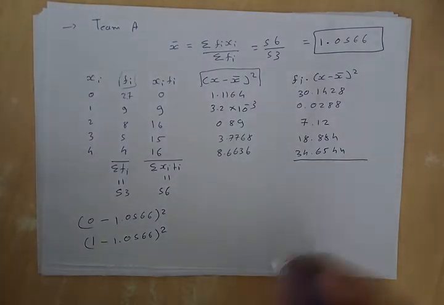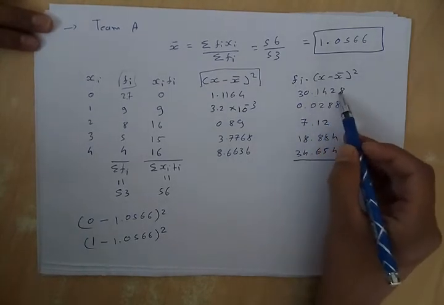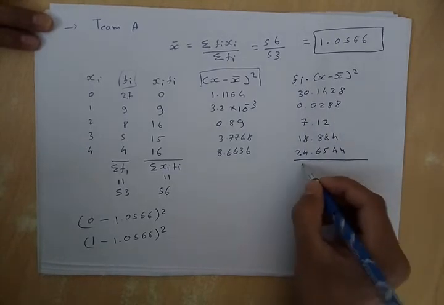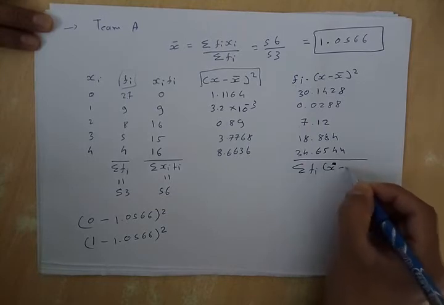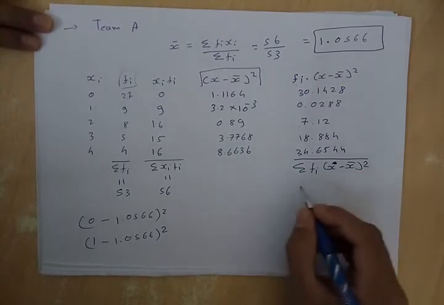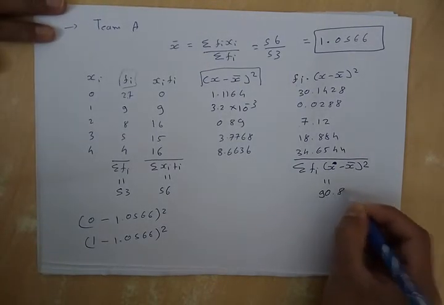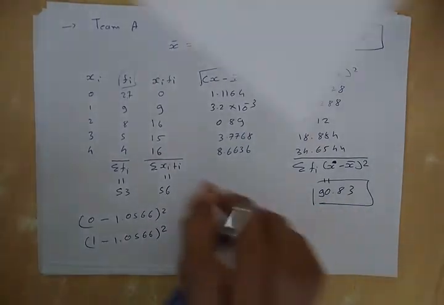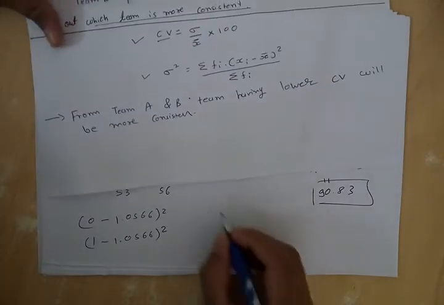Now you have to sum up all these values. 30.1428 plus 0.0288 plus 7.12. So you will get sigma fi x minus x bar whole square. So you will get 90.83. Now this value we have to put in this equation in order to calculate sigma square.